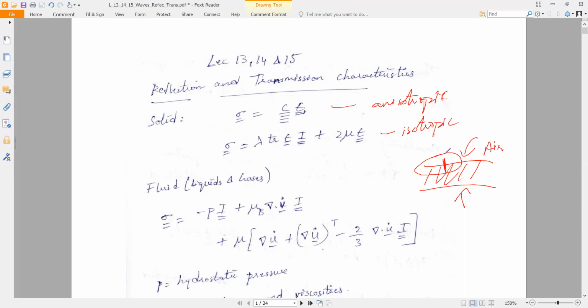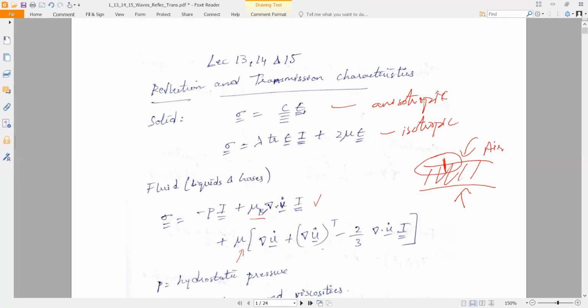I will not go into the details as to how this equation has been derived, but for now we will assume the authenticity of this equation. So this stress tensor is minus pressure times the identity tensor, plus the second viscosity times the gradient of velocity, u dot, which is velocity, times the identity tensor, plus another term involving the first viscosity mu.